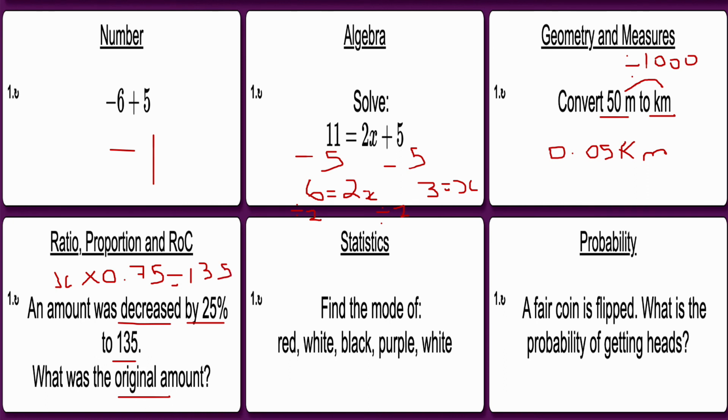Dividing both sides by 0.75, I get 135 divided by 0.75. So you're dividing by 3/4, so multiplying by 4/3 essentially. It's 180.